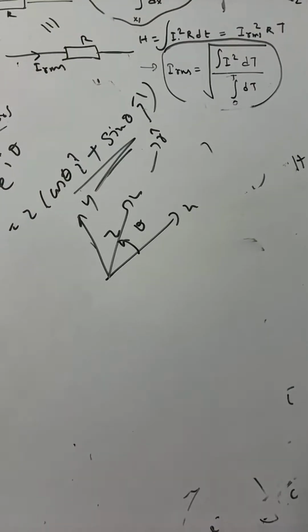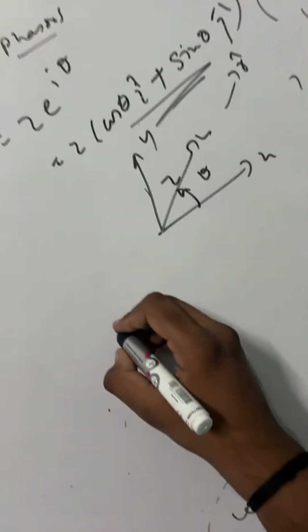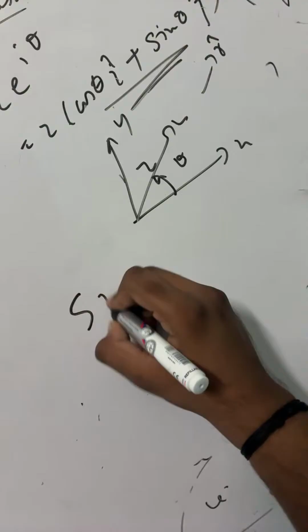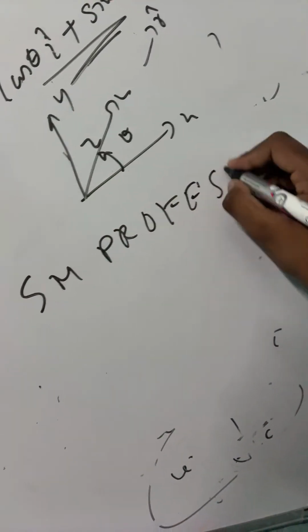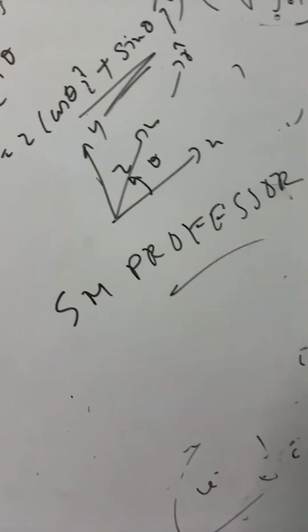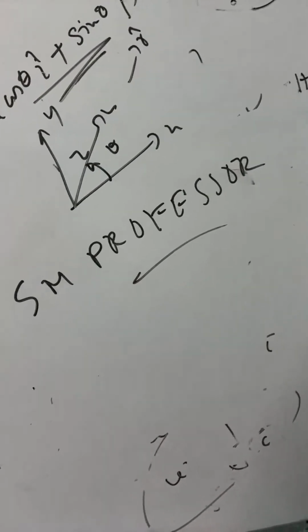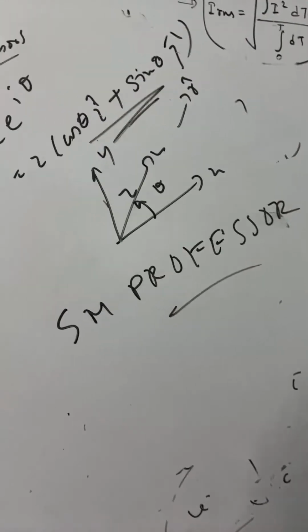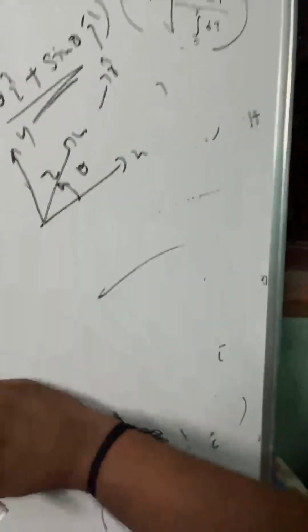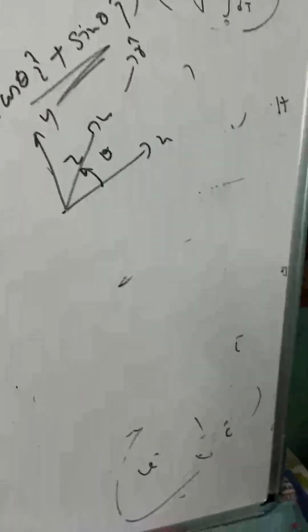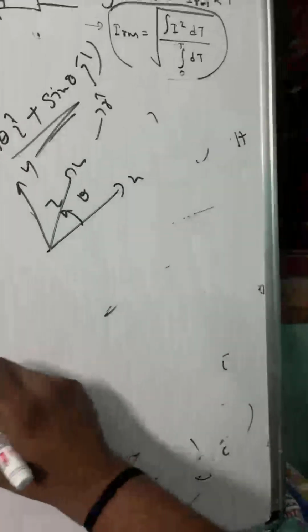If you don't know, you can watch the video of SM professor on how to apply polar coordinates. It is not necessary, I've already told you, but if you want to, he's a very good teacher, I've learned from him only.